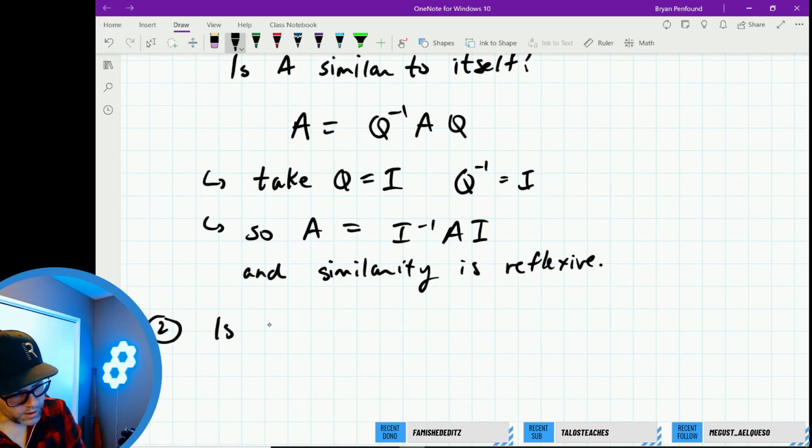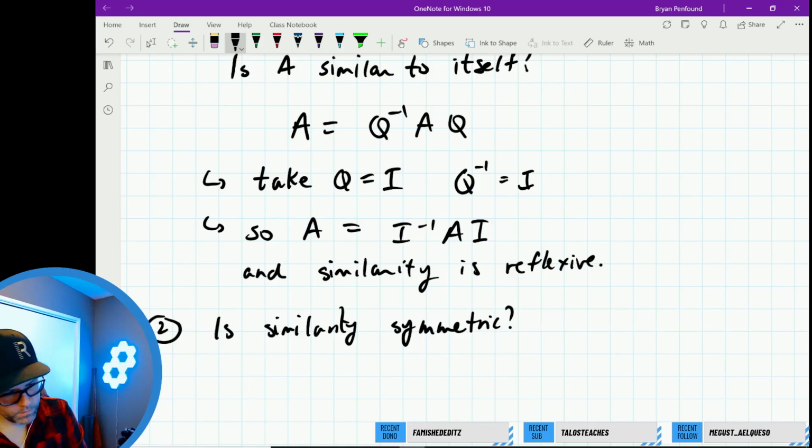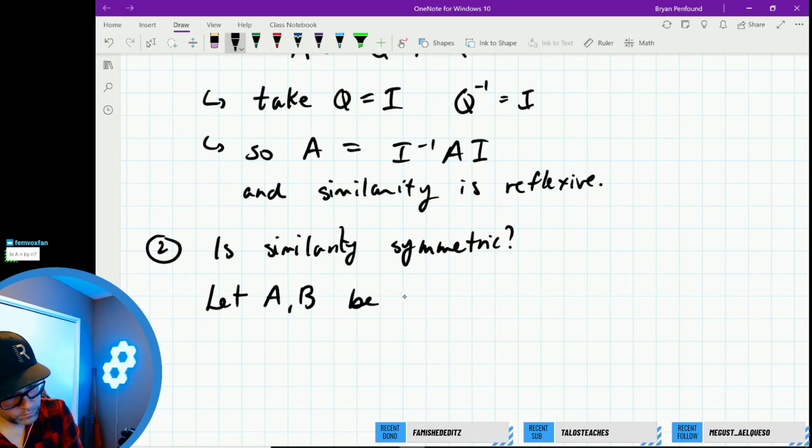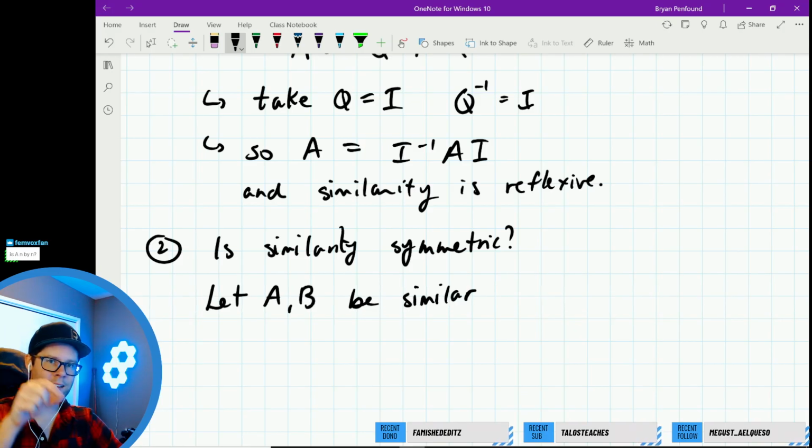So next question, is similarity symmetric? In other words, if A is similar to B, is it true that B is similar to A?